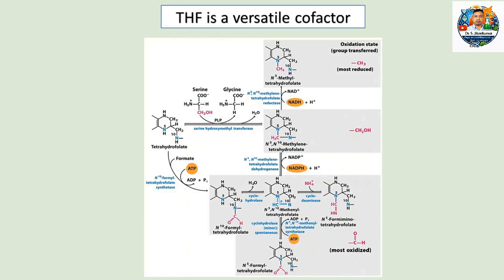Now this N5,N10-methylene tetrahydrofolate is reversibly converted to N5,N10-methenyl tetrahydrofolate, and this intermediate can again be reversibly converted to N5-formimino tetrahydrofolate, which can carry the most oxidized form of one carbon group, the aldehyde group.